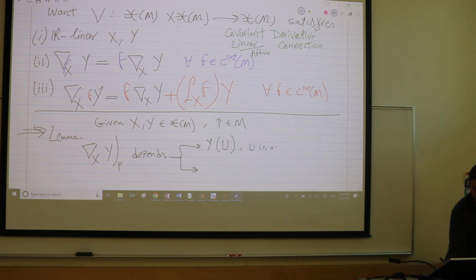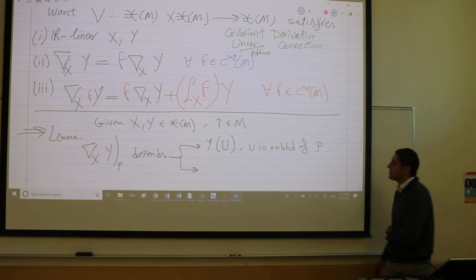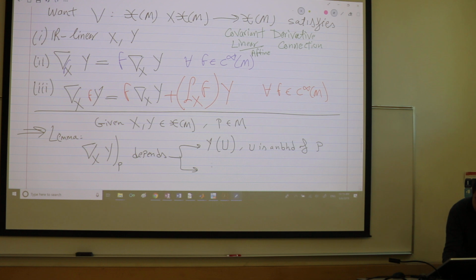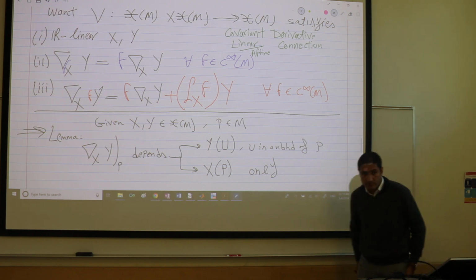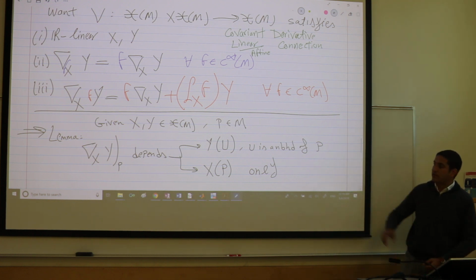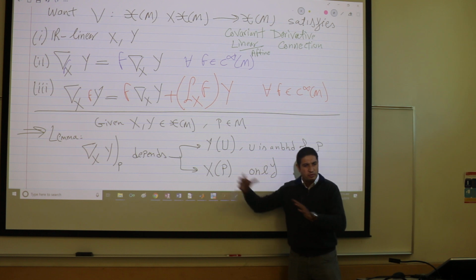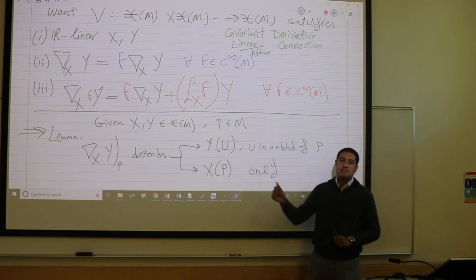U is a neighborhood of p. So we don't need y to be defined everywhere, just locally around the point that you're interested in. And for x, it is just x at the point only, obviously, right? Because you need the derivative of y, so I need y defined in the neighborhood in order to differentiate in the direction of x.